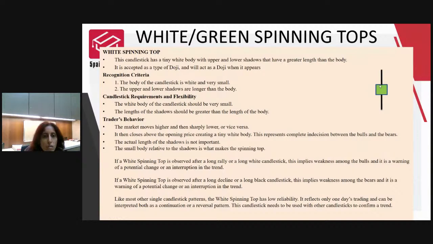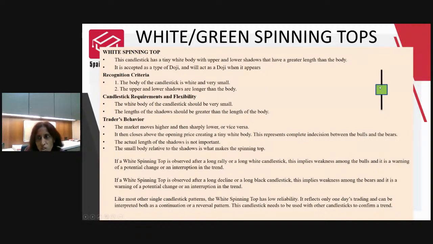Since it is closing slightly above the opening price, it creates a tiny white or tiny green body. And since the real body is small as compared to the shadows, which have a longer length, it represents a complete indecision between the bulls and the bears.